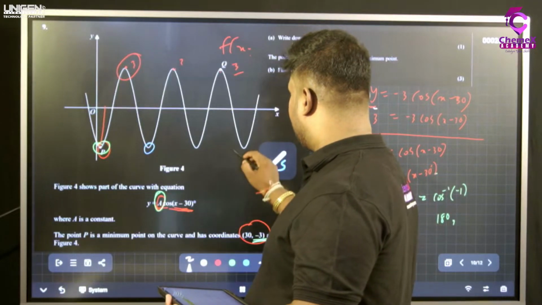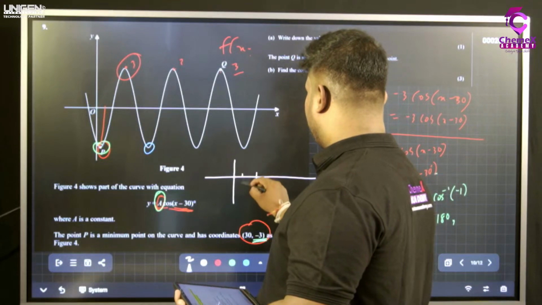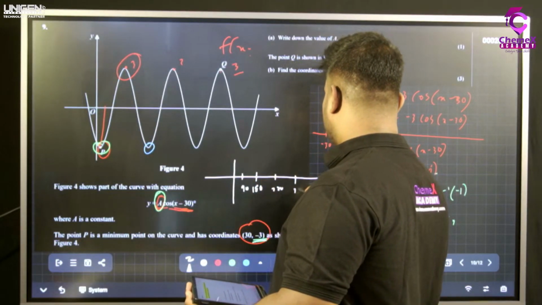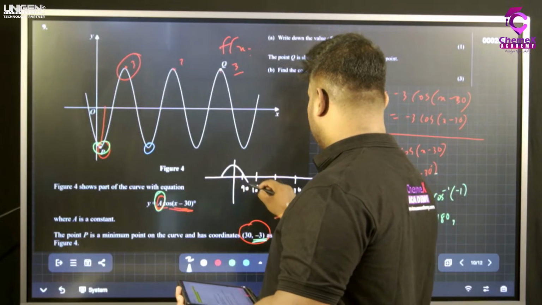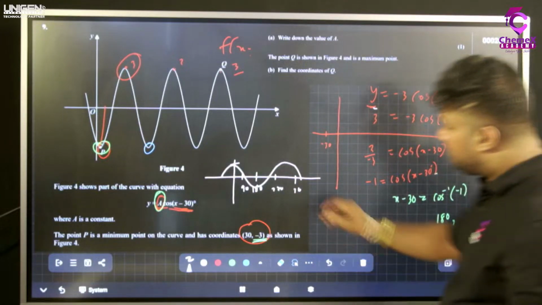This is 180, you can't do that. So if it's 180, how do you draw? So 180, so 90, 180, 270, you draw the graph, 360. So it goes like this. So usually you get minus 1 first from 180.